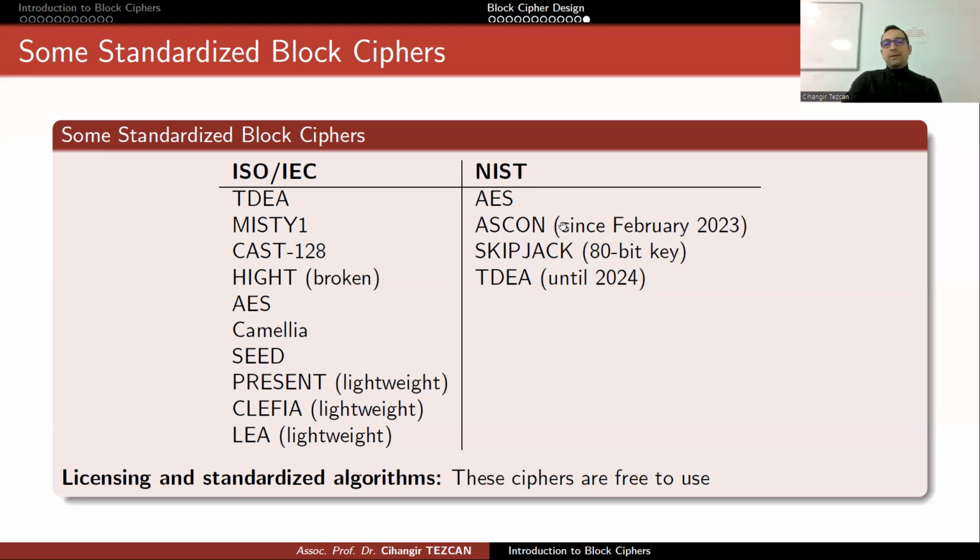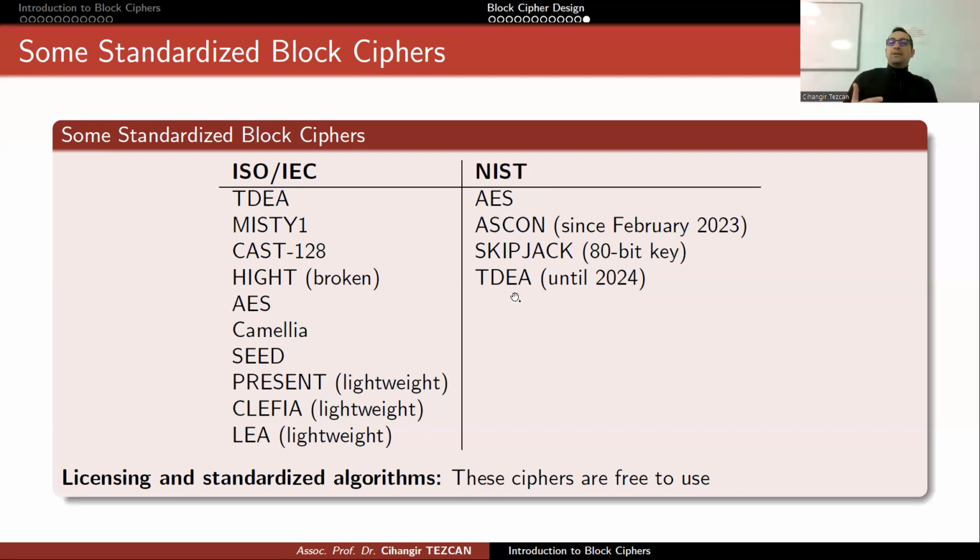If you go to the NIST side, we had AES for a very long time. Skipjack had an 80-bit key, so it is only allowed for legacy use. And the good thing is that it was designed by the NSA. So if you want to see how the NSA's mind works, it is a nice algorithm to check the design. We have Triple DES.